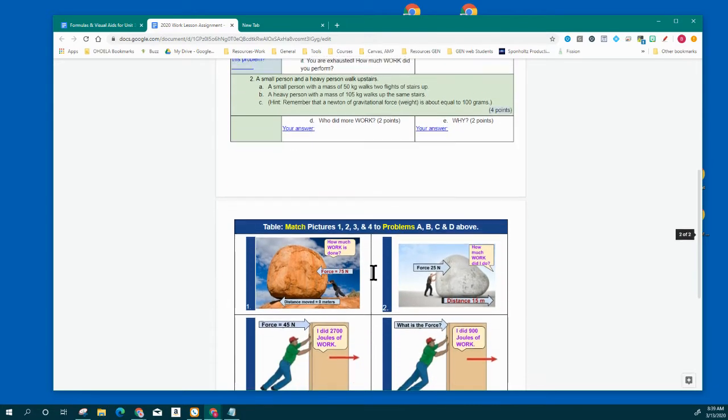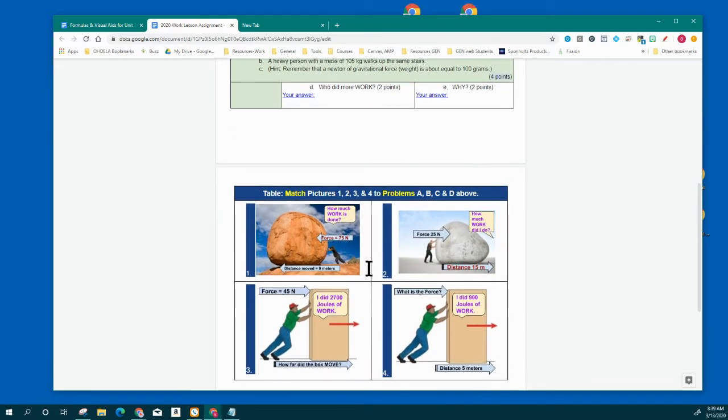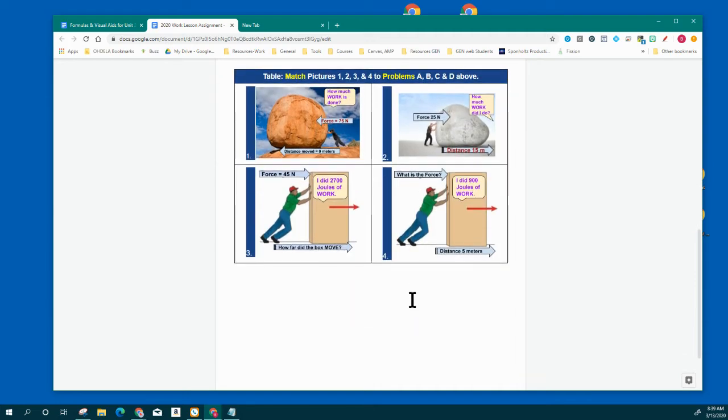Look at the pictures below on the second page and match them with each problem. Understanding visually what each problem means and what the problem is describing makes a big difference. We need to be able to visualize what is going on.